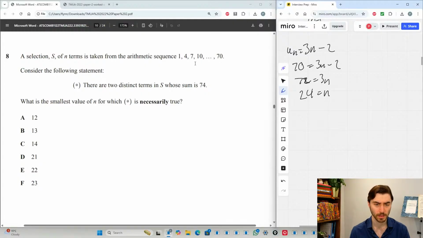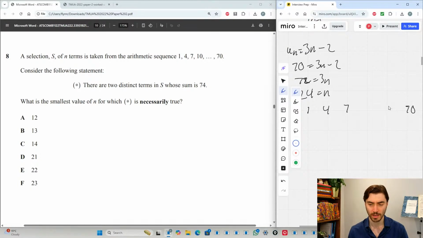This is going to be interesting as well. Let's write out a few terms from the front and from the back. We've got 1, 4, 7. And from the back, we're going to have 70, 67, 64.